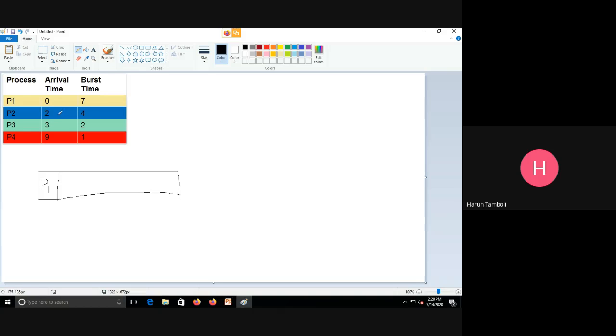Since only P1 is available, what is our time slot? Yes, the time slot is 2. So P1 will execute between 0 and 2. After that, P2 arrives, so P2 will get the CPU.